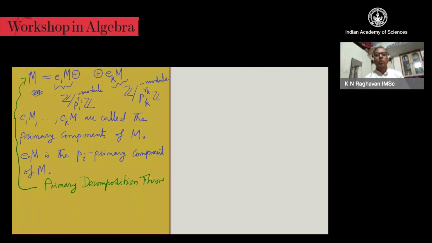Okay, let me observe a few more points here. There are various ways of looking at this. I'm sure many in the audience will be familiar with some concepts in algebra. So M is a finite abelian group, so it's obvious that it is a Noetherian module.